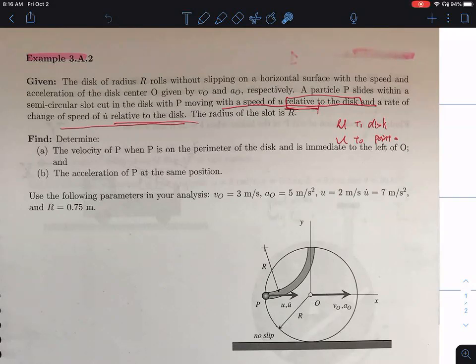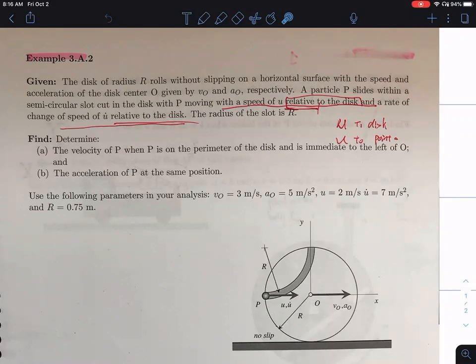That's why I say this is a very interesting problem. Rate of change of speed is from chapter 1, the path coordinate system. The acceleration equation of the path coordinate system has that term, v dot.